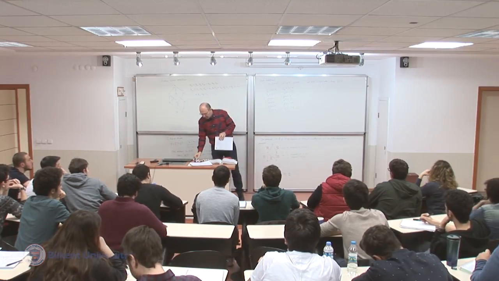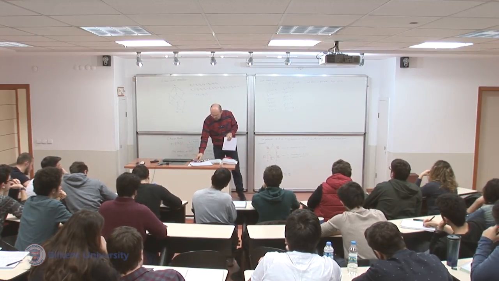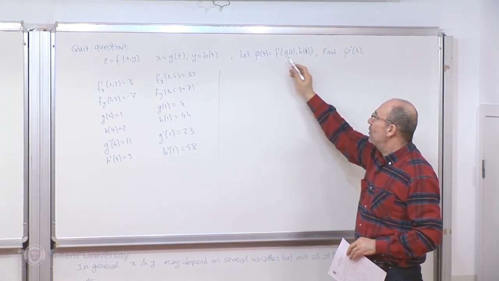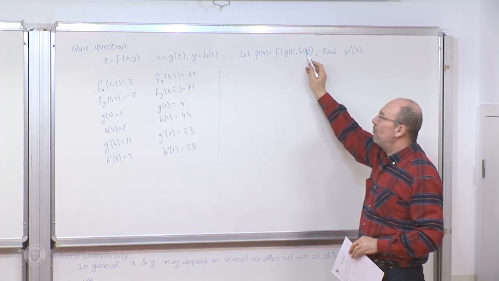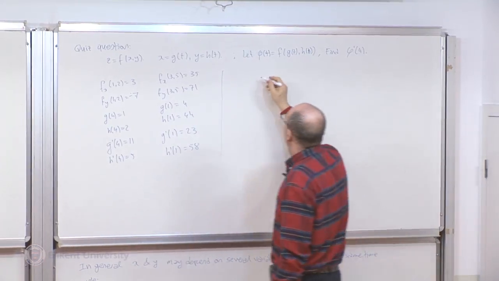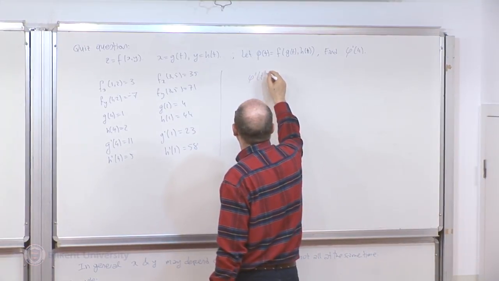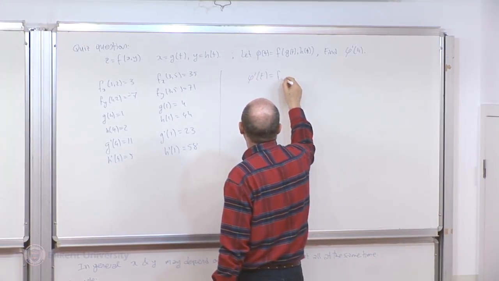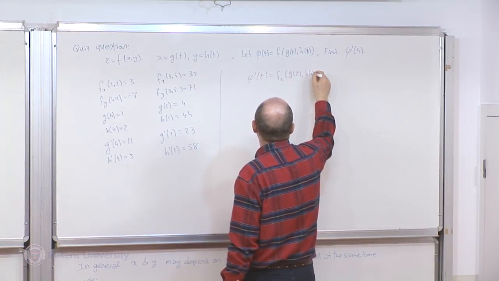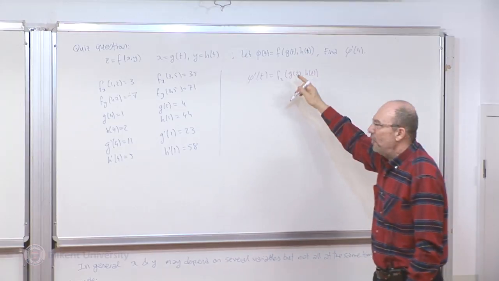You'll write the... Okay, so let me use purple. Since phi is a function of two variables, each variable depends on something else. So obviously this is a chain rule. So phi prime of t is equal to derivative of f with respect to x, now you have to write this carefully not to confuse, evaluated at g of t, h of t. After a while, you don't write these things.